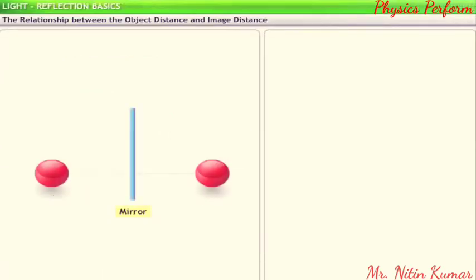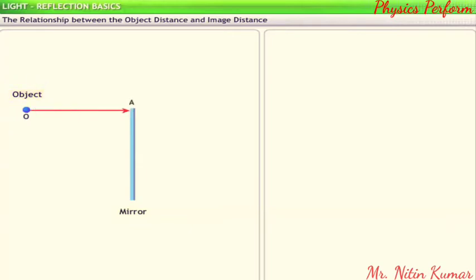How will you verify whether the distance of the object from the mirror actually equals the distance of the image from the mirror? Consider two rays from a point object O, placed in front of a plane mirror. The ray of light, which is incident normally at point A, is reflected back along the same path.